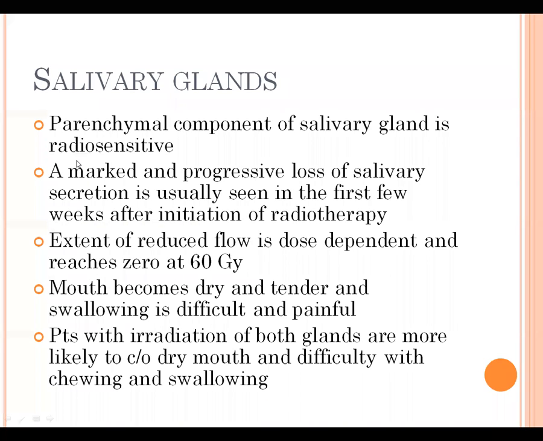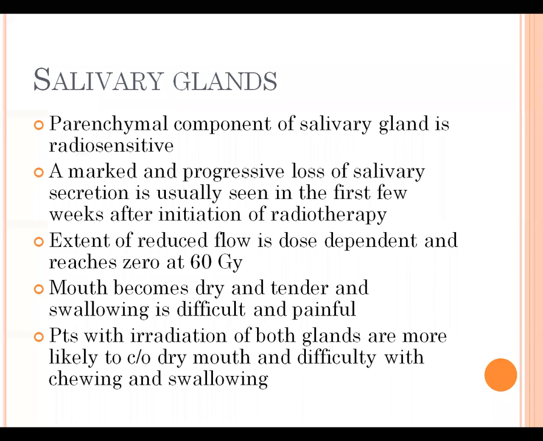Then next, how will the salivary glands be affected? Everybody knows there are three salivary glands: parotid, submandibular, and sublingual, and they secrete the saliva. When the salivary gland is irradiated, what will happen? There will be less secretion of saliva, or the salivary cells will be obliterated.